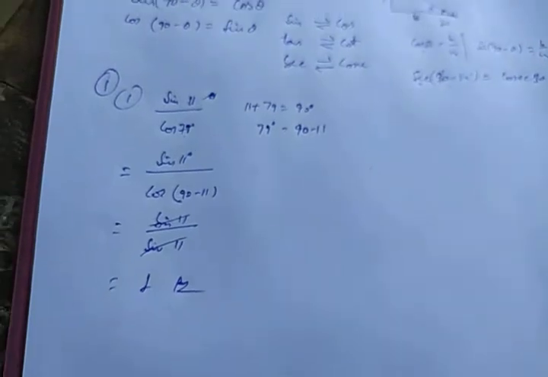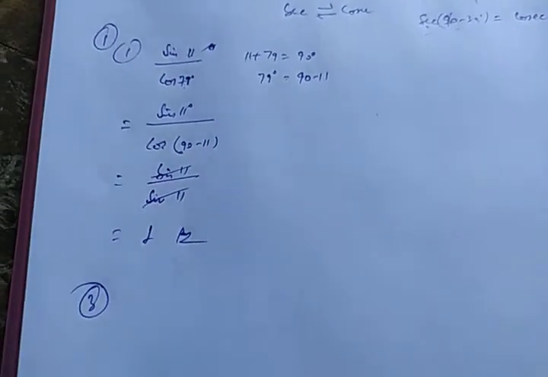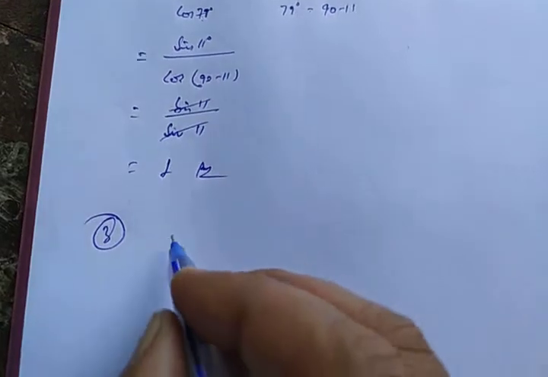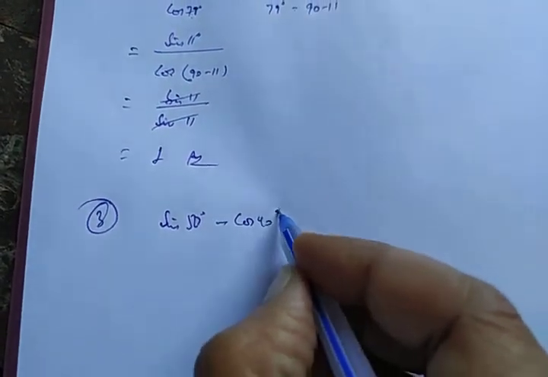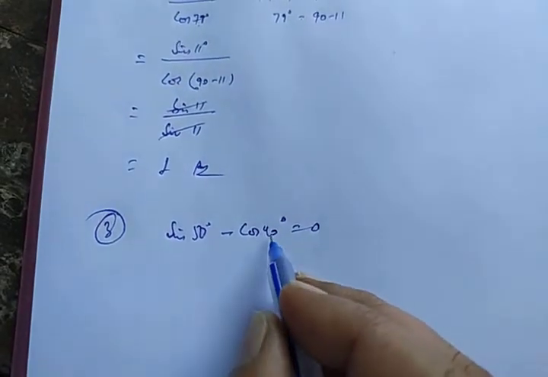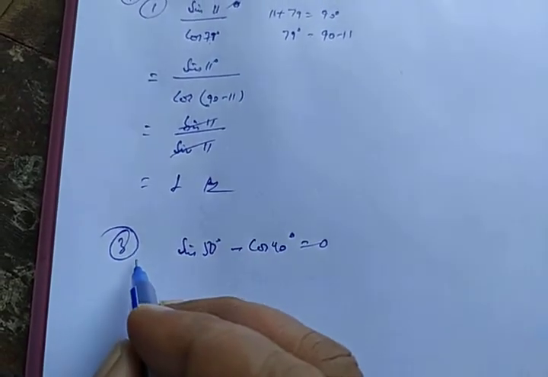Let us take question number 3. In question number 3, it is given sin 50 degree minus cos 40 degree is equal to 0 to be proved. Then you will take LHS.